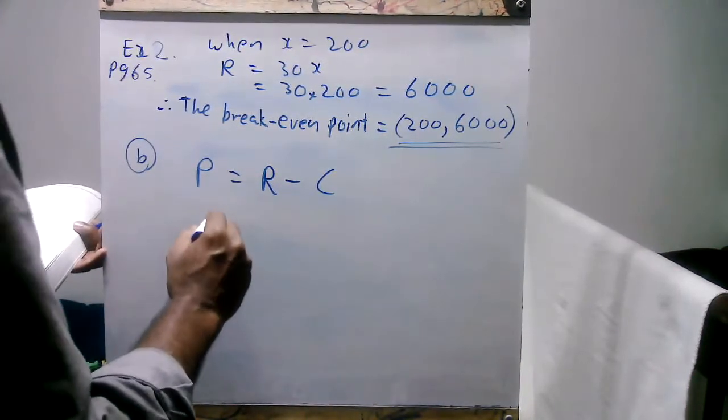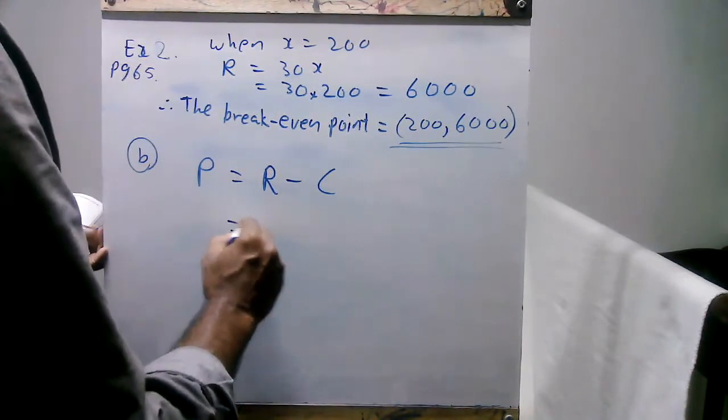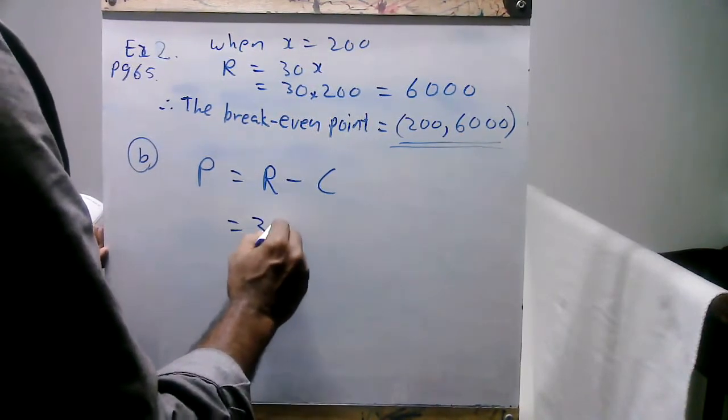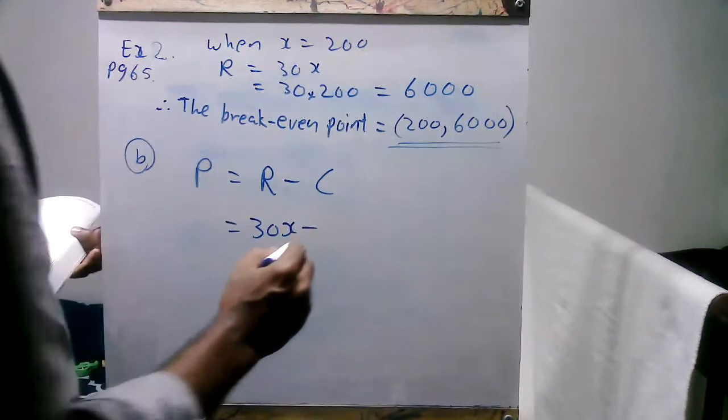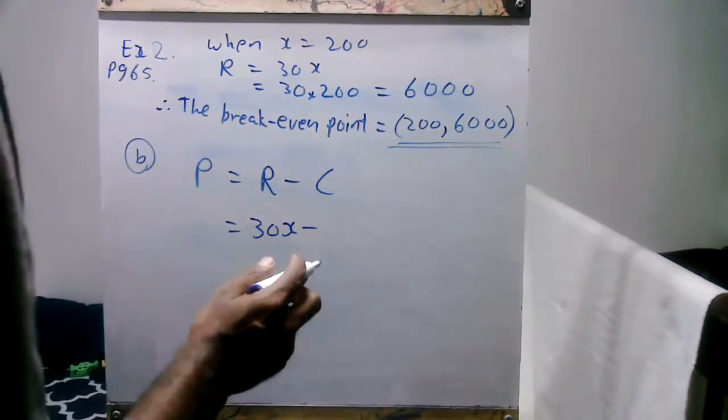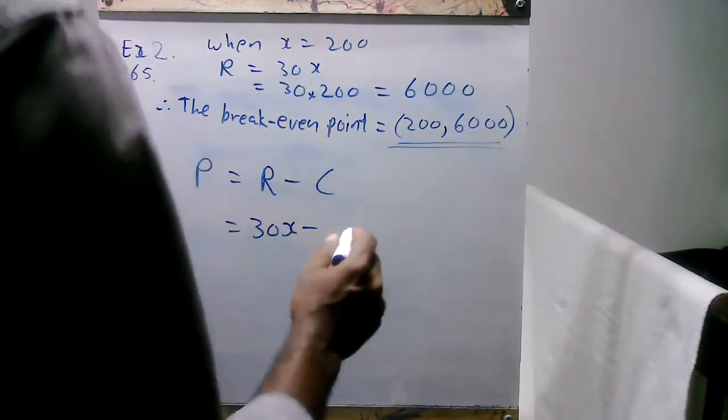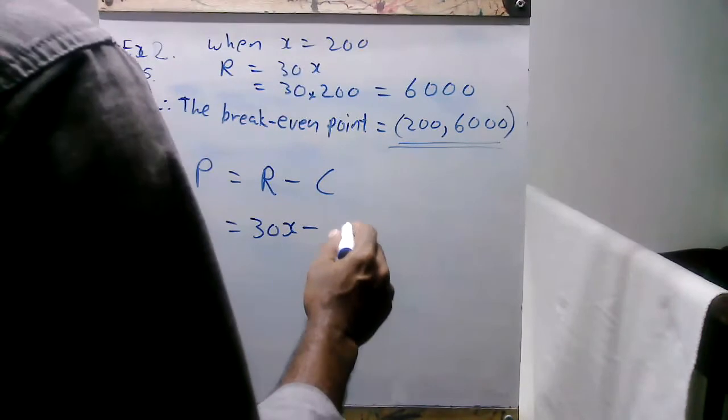Revenue we found 30x minus cost we found 20x plus 2000.